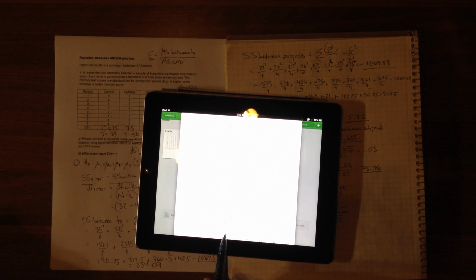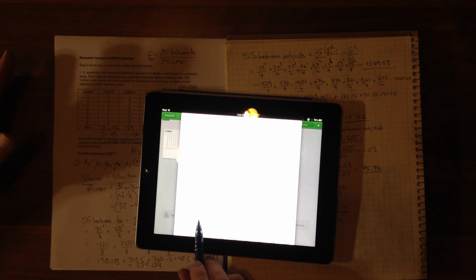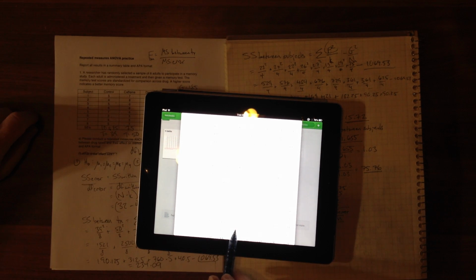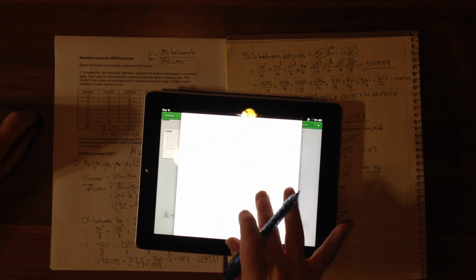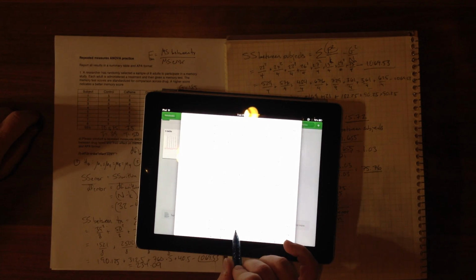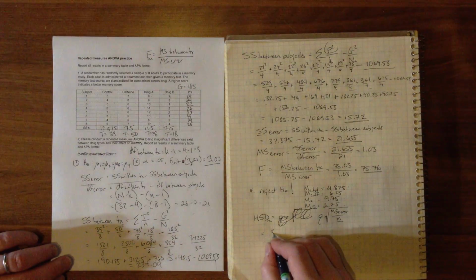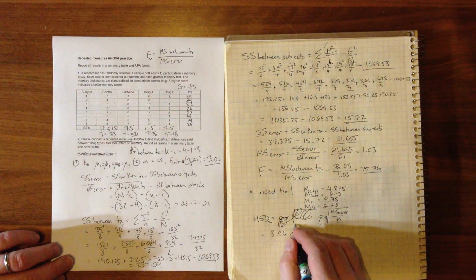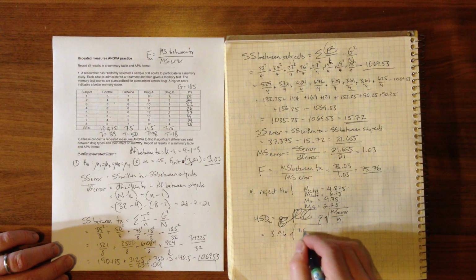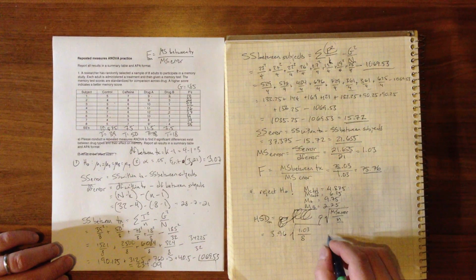We're going to be more conservative, which means we're going to use the lower degrees of freedom that's the next step down from the degrees of freedom we have. We have 21 degrees of freedom. We're going to use 20 to calculate Q, which is right here, 3.96. So Q is 3.96, and HSD is Q times MS error, which was 1.03, divided by N, which is 8.